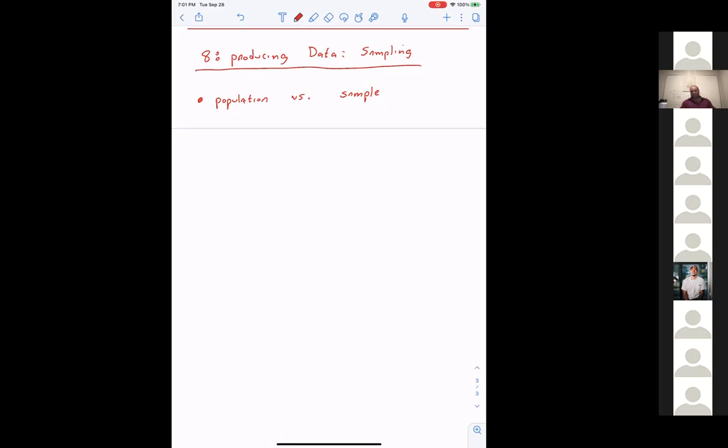So what do I do? I take a sample. I take a smaller portion of the population and I determine the data from the sample. And then hopefully I do it in a way where I can infer from the sample knowledge about the population.